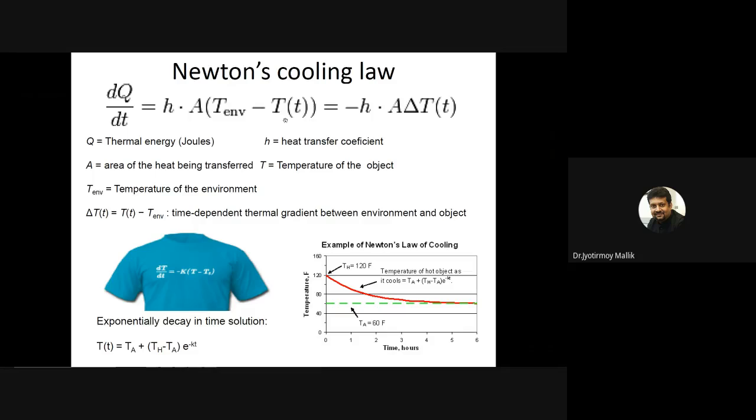So, for example, I am keeping a hot object in a colder environment, and I am allowing that object to cool to dissipate its heat in the environment. Okay, so that follows Newton's law.